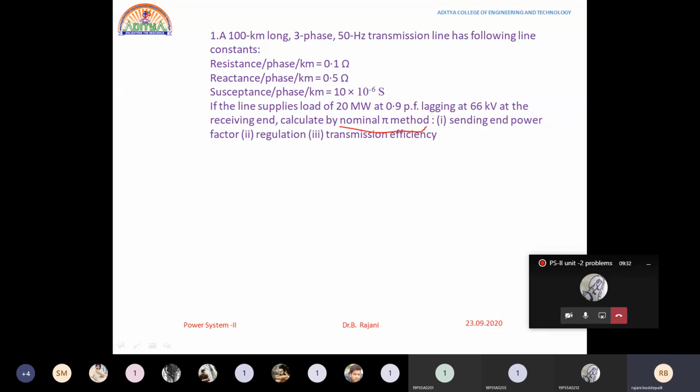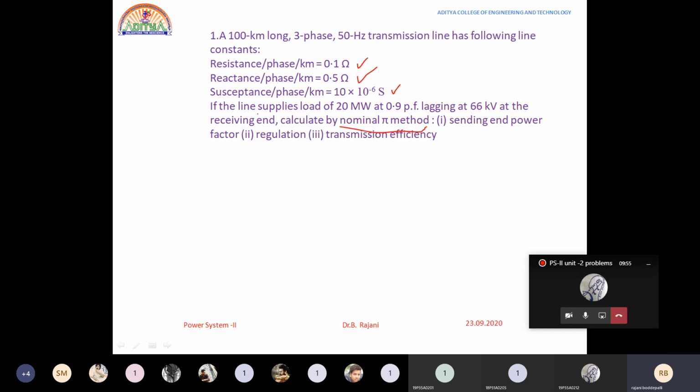This is the nominal pi method network, and a 100 kilometer long three-phase 50 Hz transmission line has the following line constants. The resistance per phase per kilometer given here is 0.1 ohms, the reactance per phase per kilometer is 0.5 ohms, and the susceptance per phase per kilometer is given like this.